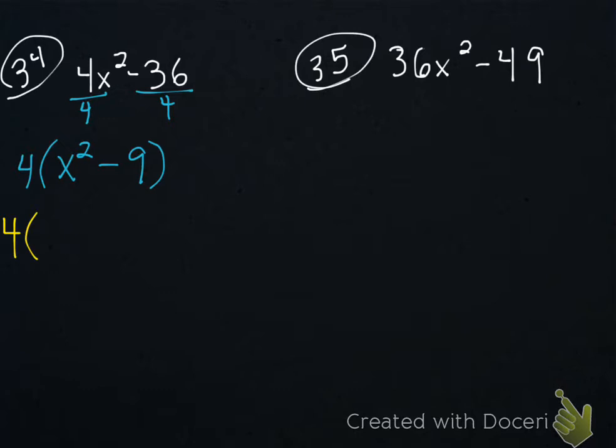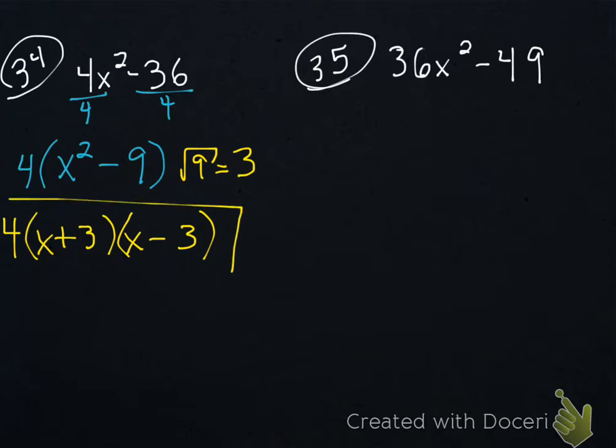The 4 stays out front. I have x's in the front of my binomials. The square root of 9 equals 3, so I have a 3 in the back. The signs are always opposite, plus 3 and minus 3. So my answer is 4 times x plus 3, x minus 3.